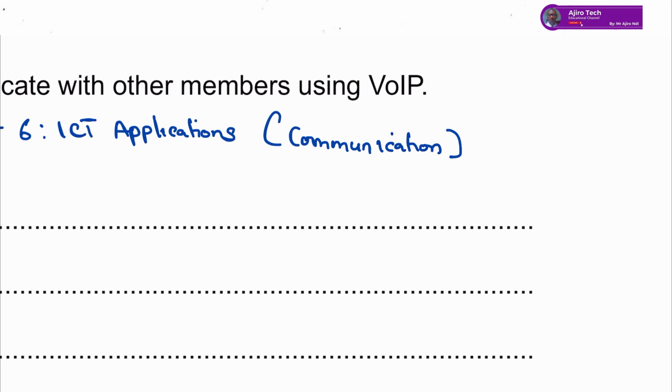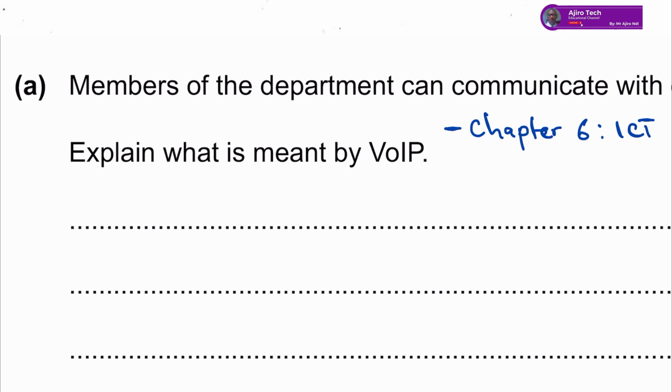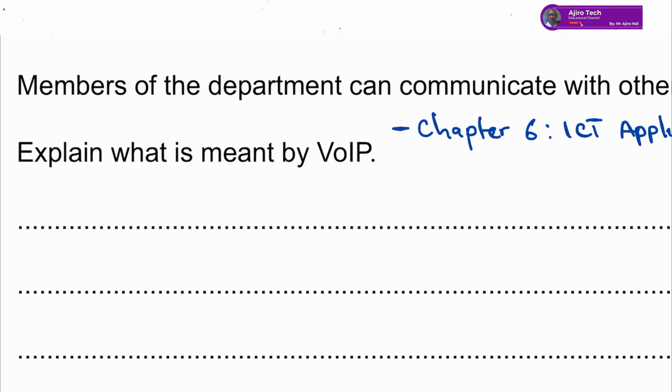Under communications, it's important for us to understand that when we talk about VoIP, it means voice over internet protocol. Yes, that's what it means. So they are all forms of mobile communications. So explain what is meant by VoIP.